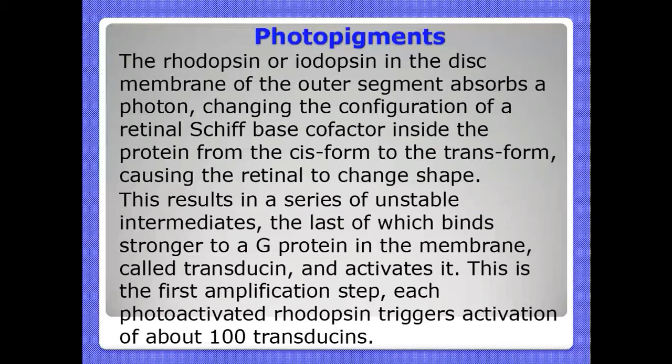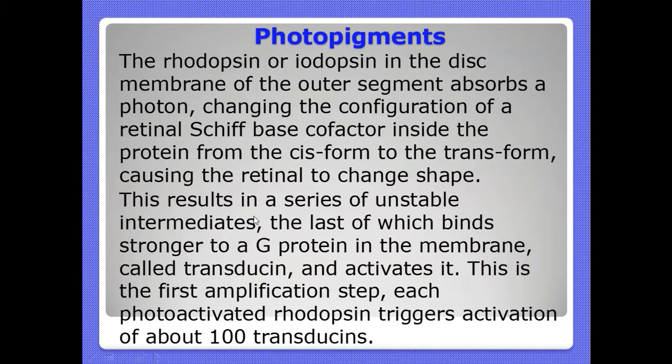So both are photopigments. The rhodopsin or the iodopsin in the disc membrane of the outer segment of both rod and cone cells absorb a photon, that is light energy, changing the configuration of a retinal Schiff-base cofactor inside the protein from the cis form to the trans form, causing the retinal to change its shape.